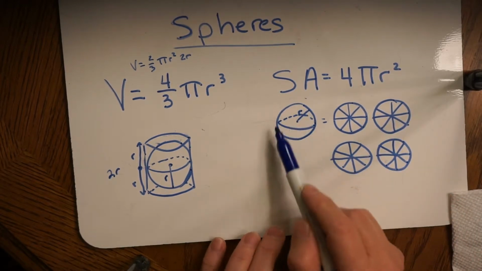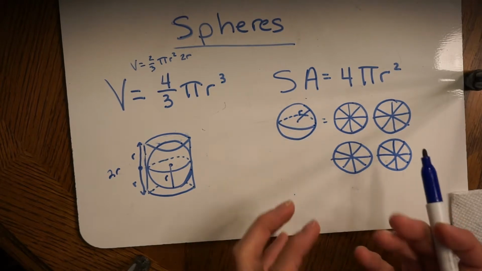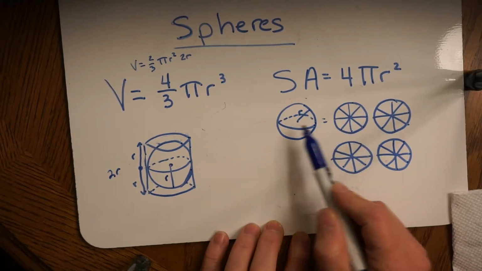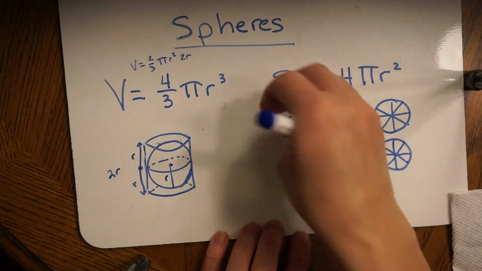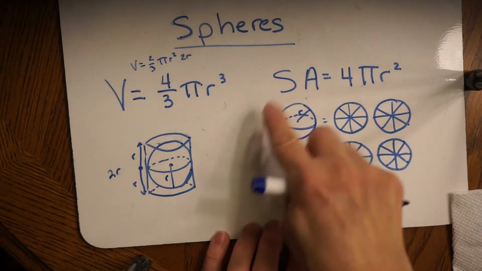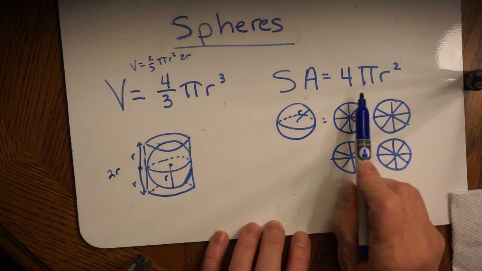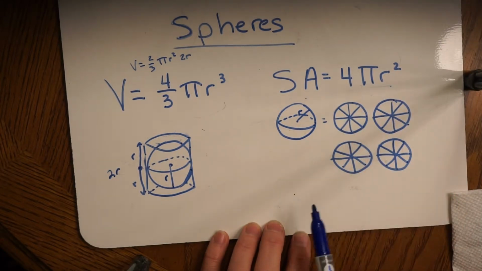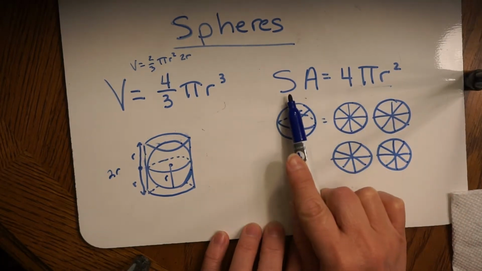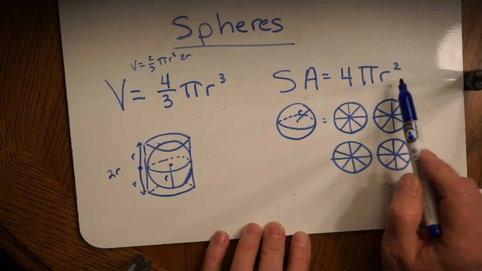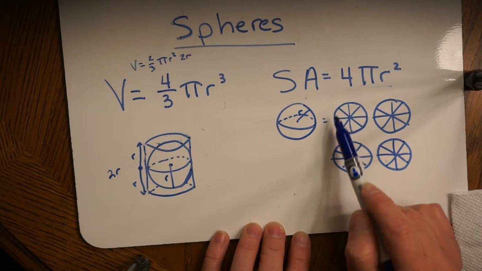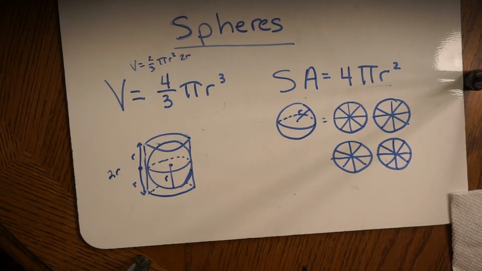So this is what I picture in my head. When I'm talking about the surface area, I'm thinking of 4 slices that go right through the middle, and if I take all of these and lay them on top of the sphere, it would cover it completely. So that's just one way to try and remember this formula, that surface area is equal to 4 pi r squared. So it's 4 of the areas cut through the center. Okay?